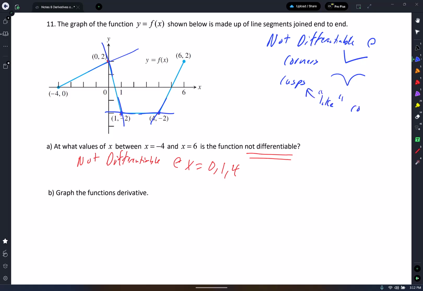And obviously if you're not continuous, you can't have a tangent. Does that make sense, guys?